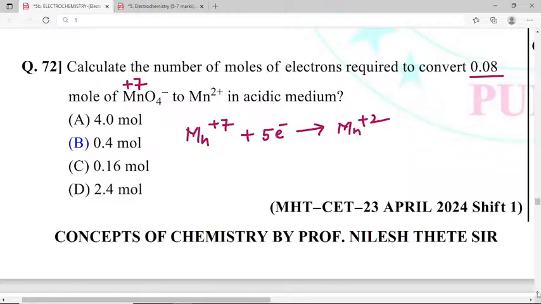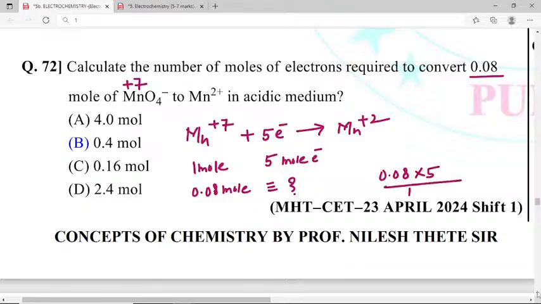So 1 mole requires 5 mole electrons. And if 0.08 mole, then how much will be required? So 0.08 multiplied by 5 divided by 1 is equal to 0.4. So 0.4 is your answer.